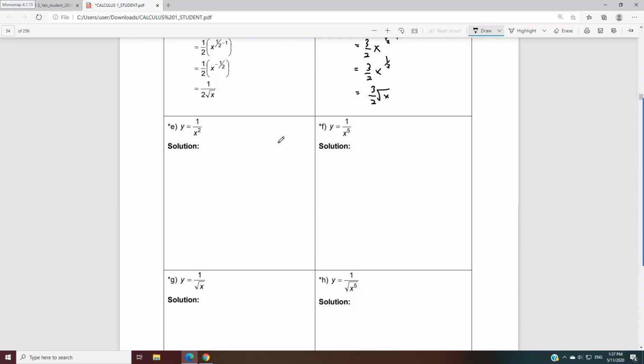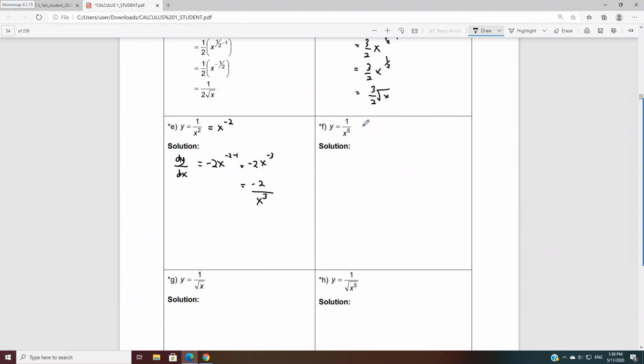Okay, so yang lain boleh buat sendirilah. Kan? Yang ni akan dapat apa? Yang ni kita tukar dulu, x kuasa negatif 2. Baru kita differentiate. So dy dx dia sama dengan negatif 2 x negatif 2 tolak 1. So dapat negatif 2 x kuasa negatif 3. Okay, so bila kuasa negatif tu maksudnya dia dekat bawah ni lah.